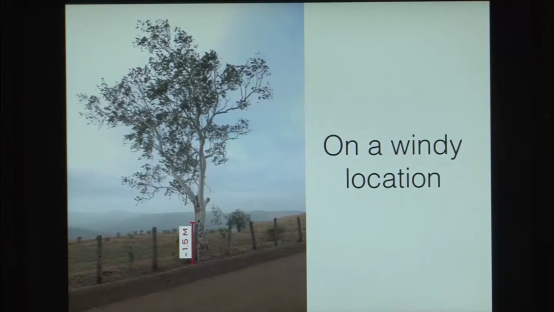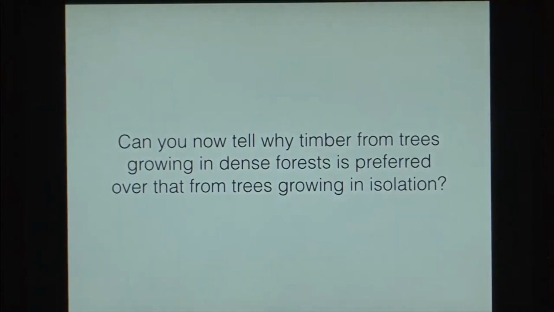Now, will such trees have good economic values, or will trees with a cylindrical bole have better economic values? The answer is that we always prefer trees with a cylindrical bole. They are easy to work with and there is very little wastage. So, can you now tell why timber from trees growing in dense forests is preferred over that from trees growing in isolation?